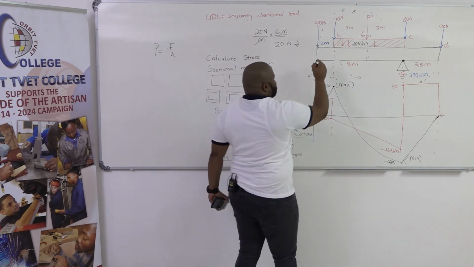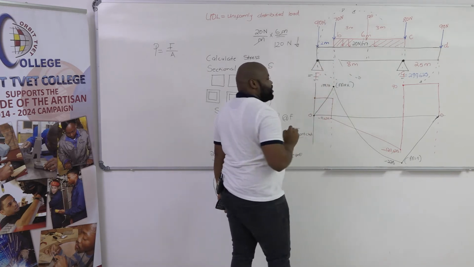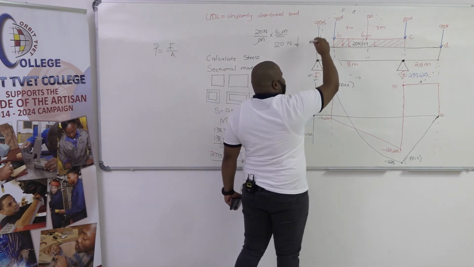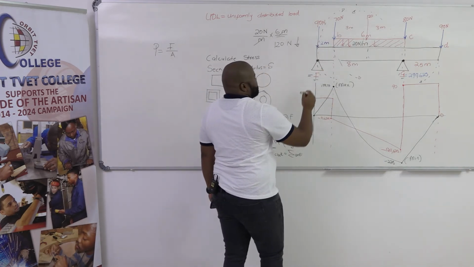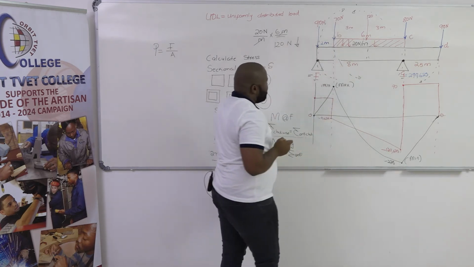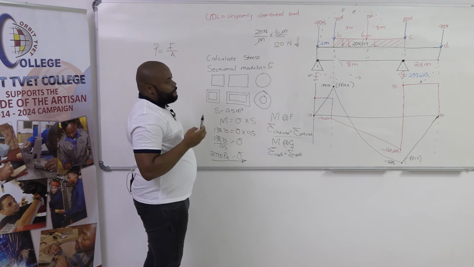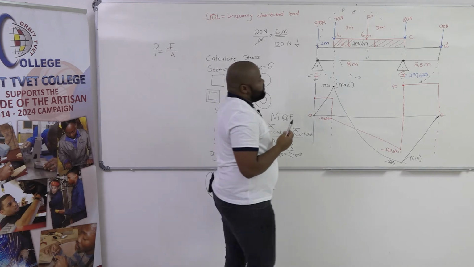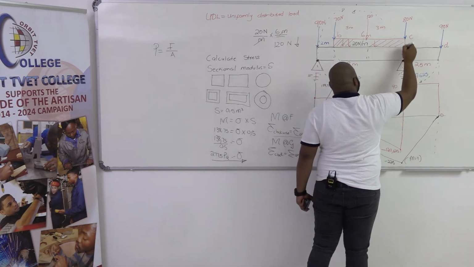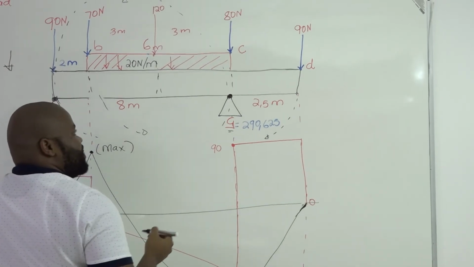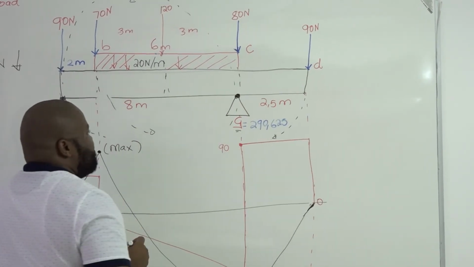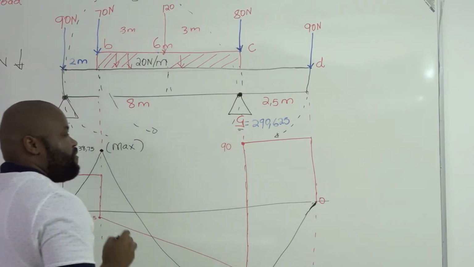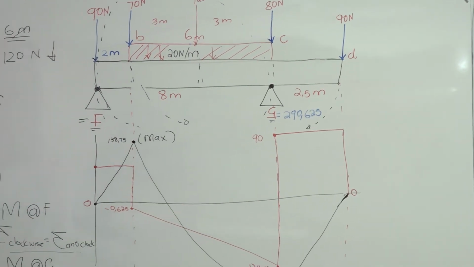But you must always remember that you will be calculating the value of reaction F. In what direction will reaction F be driving your beam? You can see that F will be taking your beam in the clockwise direction. But you must remember a very critical piece of information: if you've got a force that is on the same axis as your reaction, you must ignore the value of that force when it is on the same axis as your fulcrum point at that particular time.